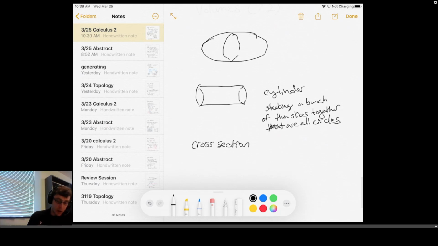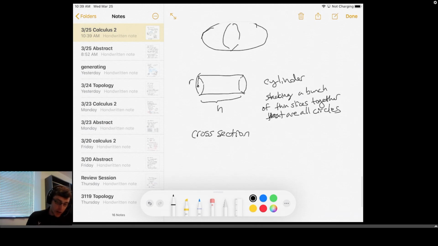Let's say our height here is h, because usually we stand it up, and we already know our volume formula for a cylinder is pi r squared h. Let's see that this works out here. Say this has radius r. Then what is our cross section?